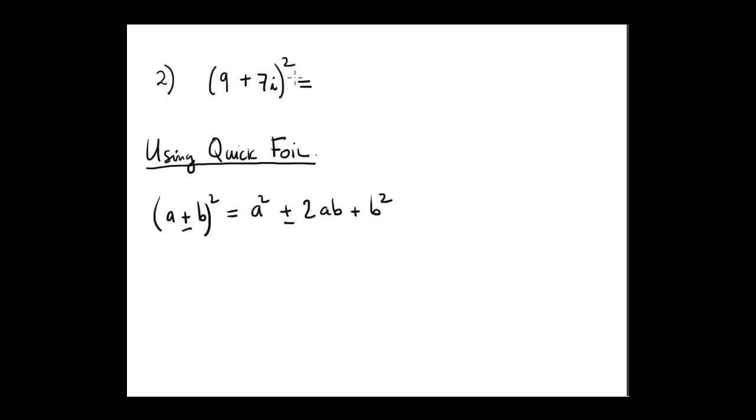So we apply in this case, the first in this example is 9 squared, plus, because it's plus here in between, 2 times 9 is a and b is 7i, plus 7i squared, which is the second. So this is b squared, 2ab is 2ab, and this is 9 squared, which is the first, a squared.